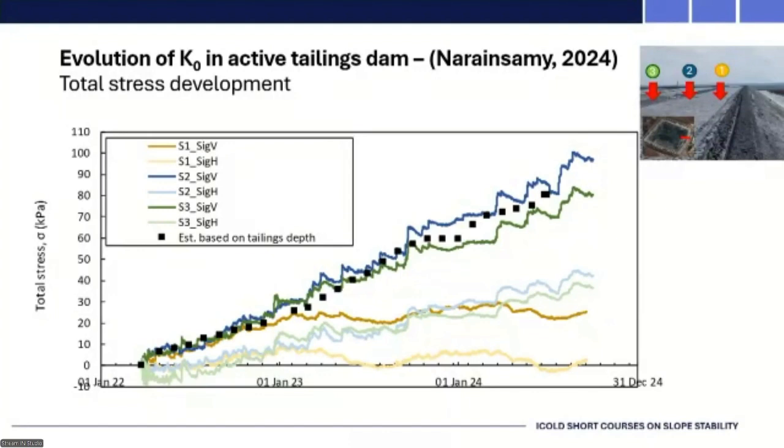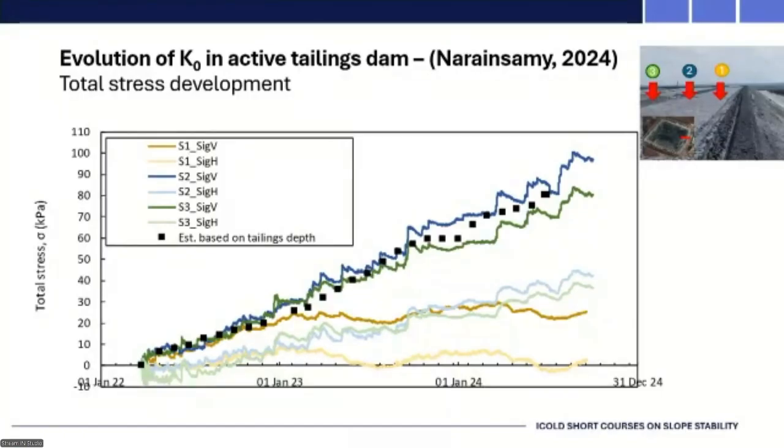The dark lines are the vertical stresses, the light colored lines are the horizontal stresses, and the black dots represent the vertical stress calculated from self-weight that we know. You can see that there's good correspondence between the measured stress and the estimated stress. These are total stress measurements.